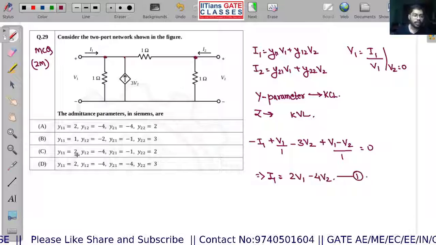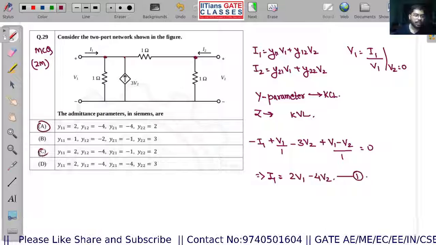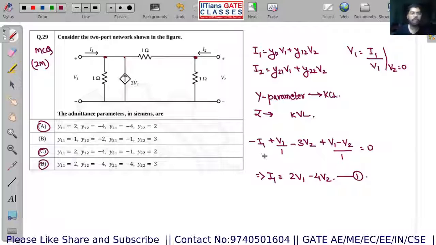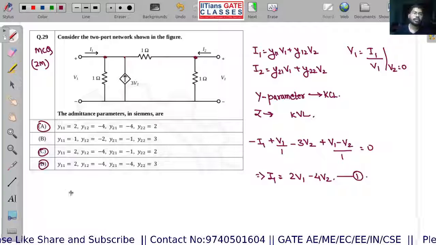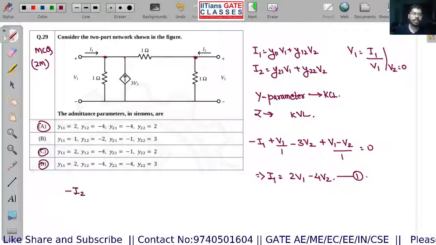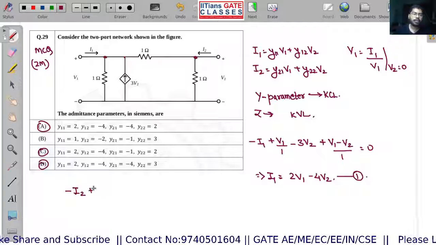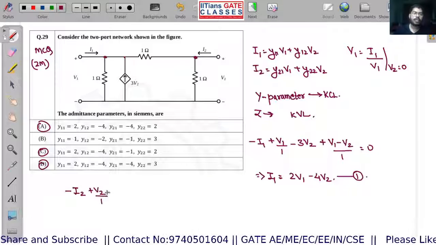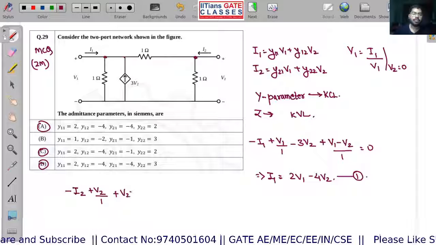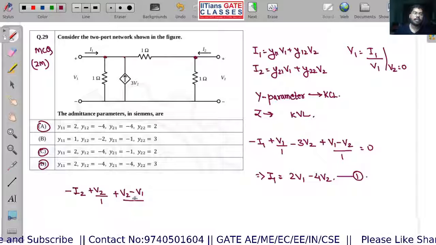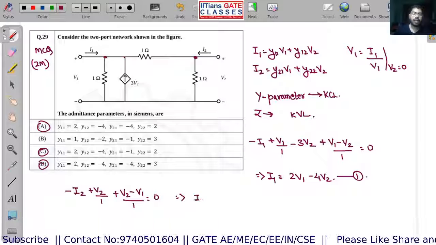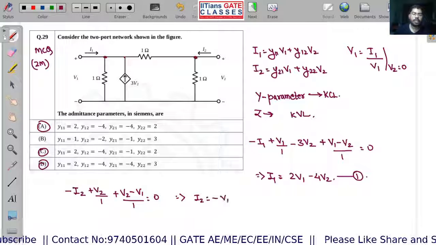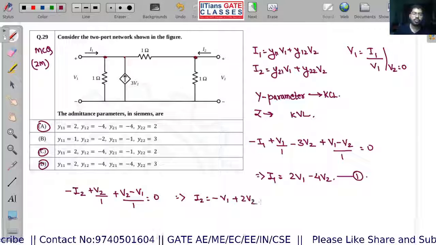2V1, so you can see option A, C and D, any one of them is correct. So I have to write again for here also. So basically this will be minus I2 plus V2 by 1 plus V2 minus V1 by 1 equal to 0. So I2 is equal to minus V1 plus 2V2.